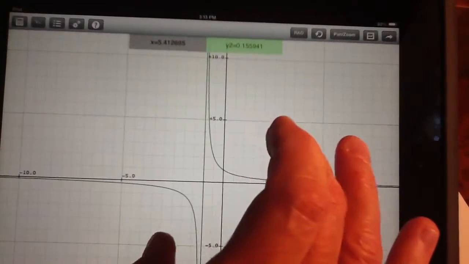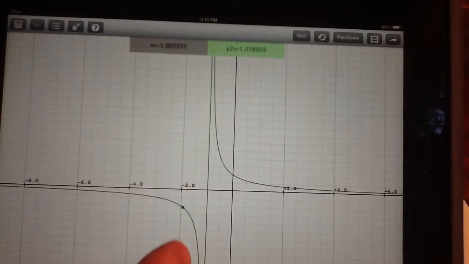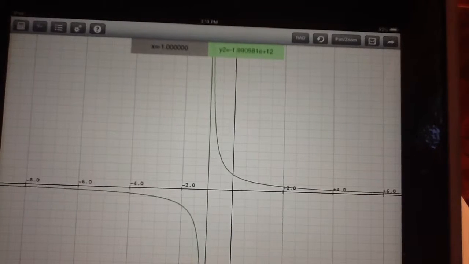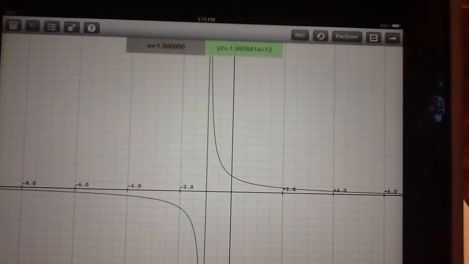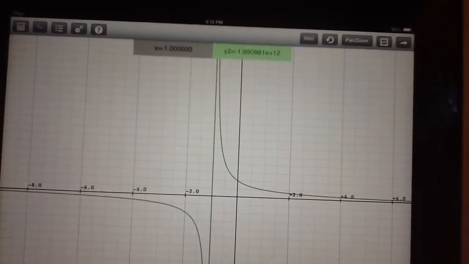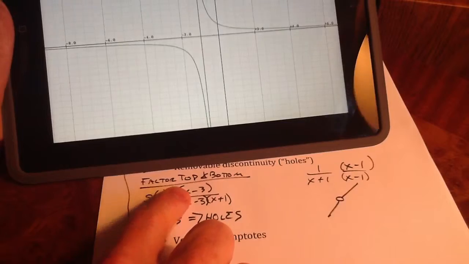Let's turn that off, turn that one on. All right, so here's our function. One thing you need to know is many calculators will draw a line right here along the vertical asymptote. That line does not exist. It's basically connecting negative infinity and positive infinity. But here's something interesting. We identified a hole at 3.